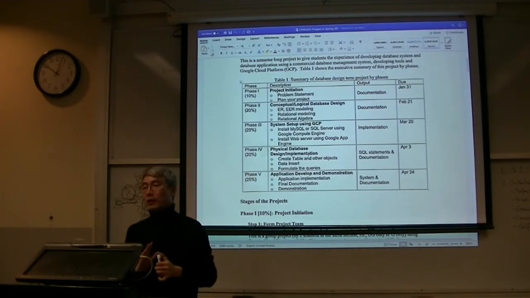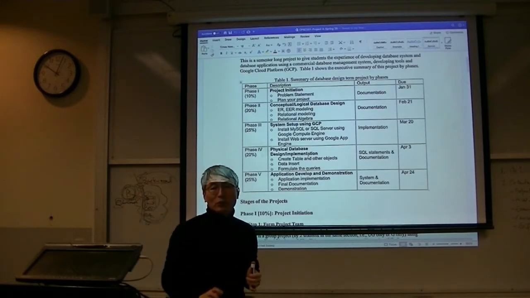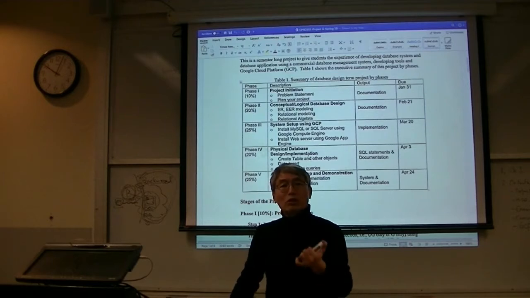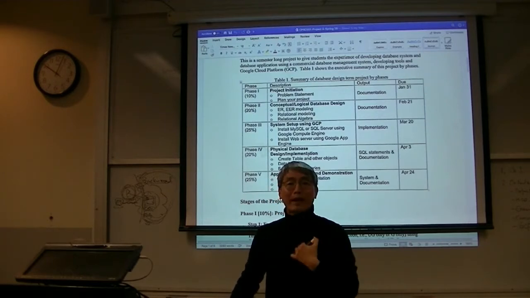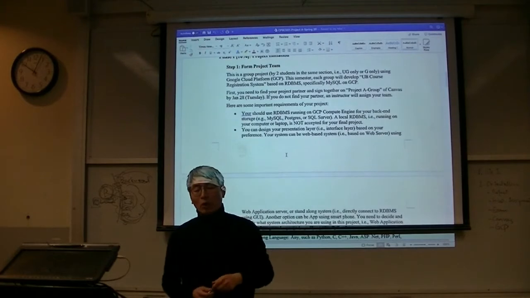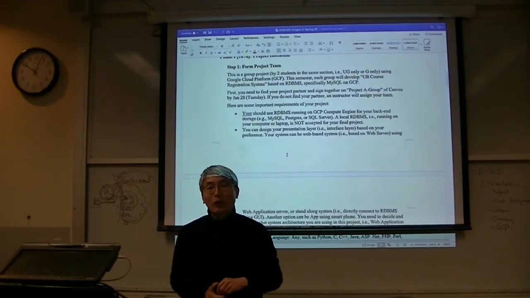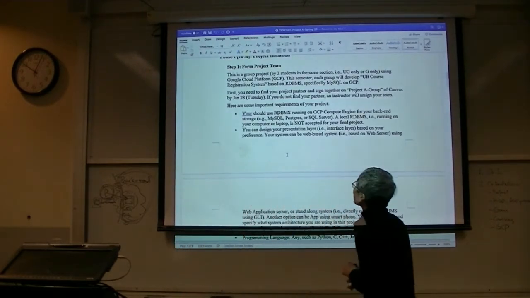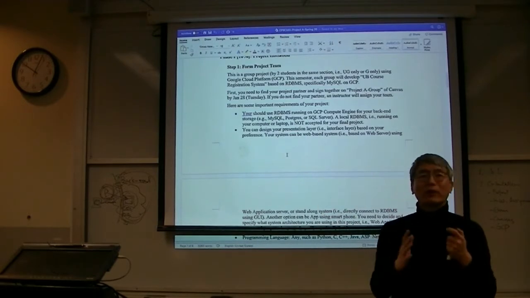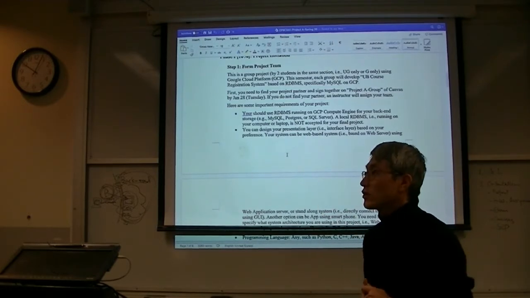So you have time. This semester, because we have fewer students than usual, this will be an individual project. So each student creates their own database and their own application system. Okay. So first, the homework. You don't have to form a team, but you need to design the registration system. Each student may have a different style of registration system.